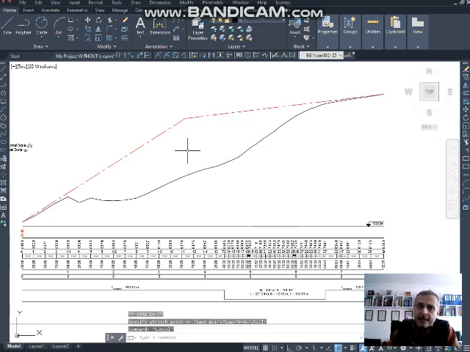In my case, it is 8%. So this arm, for example, should not exceed 8%. Also, this arm should not exceed 8%.